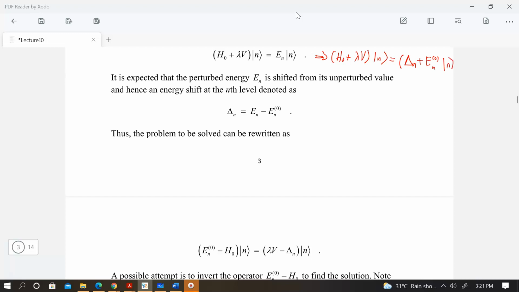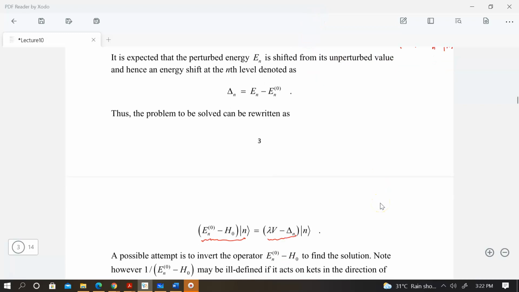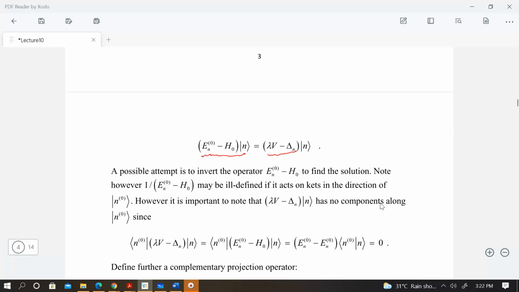So I can now rearrange this equation. Rearrange in such a way that I will have en naught over here, and then I'll bring your h naught on the other side, and that will give you this, and then your delta n over here will bring to the other side, and it will give you this. So it's just rewriting the eigenequation.